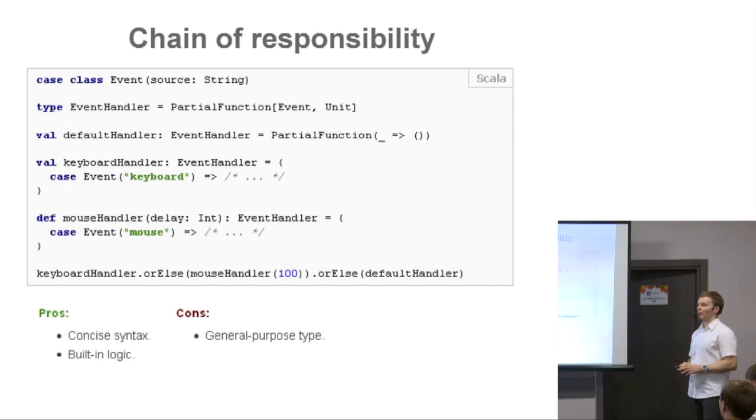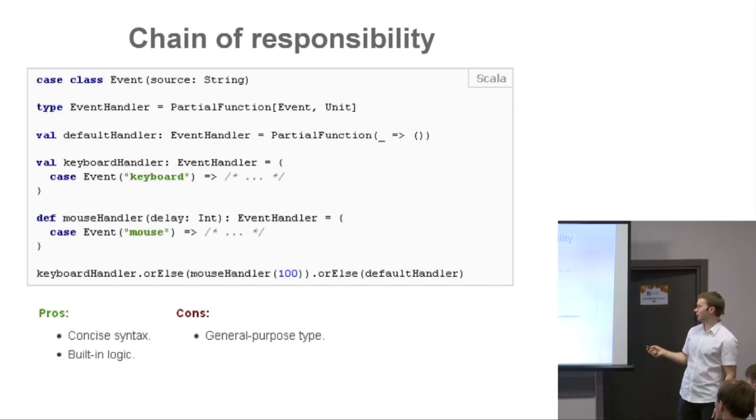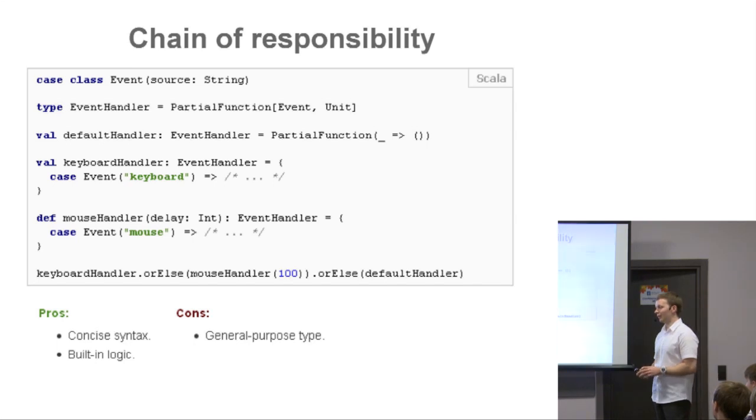In Scala, we can use so-called partial functions that can implement just the same. A partial function is a special function that is defined only for a subset of its arguments.